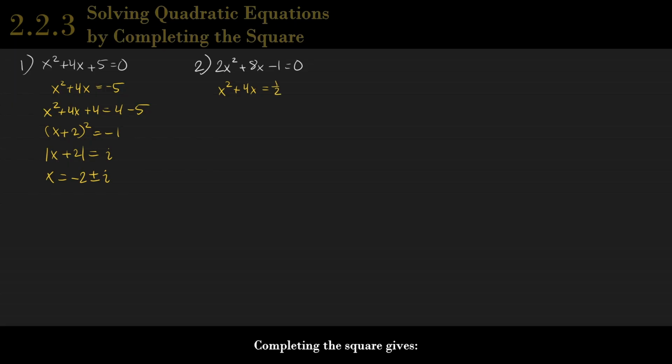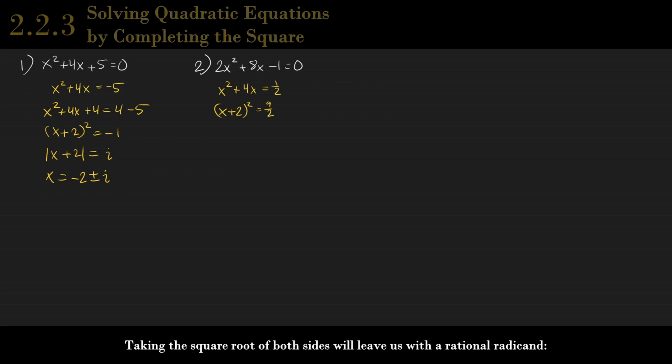Completing the square gives (x plus 2) squared equals 9/2. Taking the square root of both sides will leave us with a rational radicand. The absolute value of x plus 2 equals the square root of 9 over 2, which simplifies to 3 root 2 over 2.